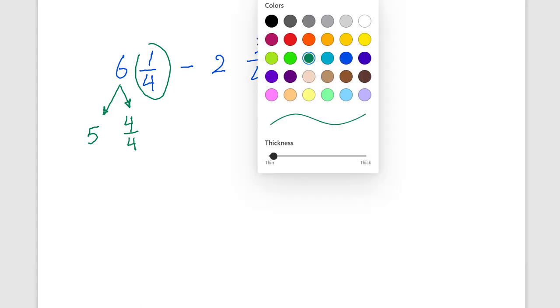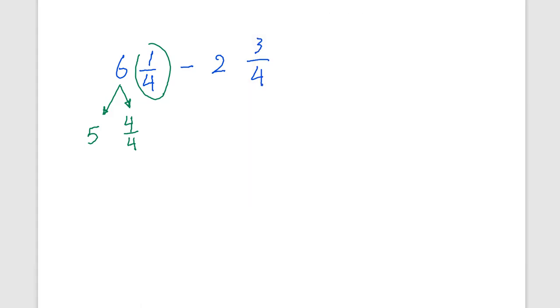So let's rewrite it. It will be 5, and we have 4/4 and 1/4, so 5/4, minus 2 and 3/4.